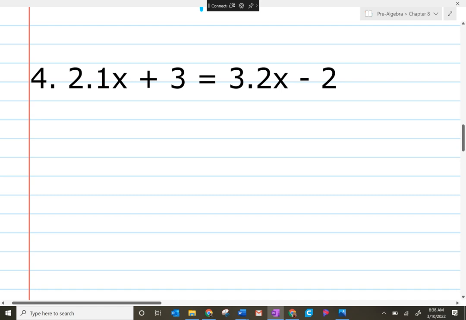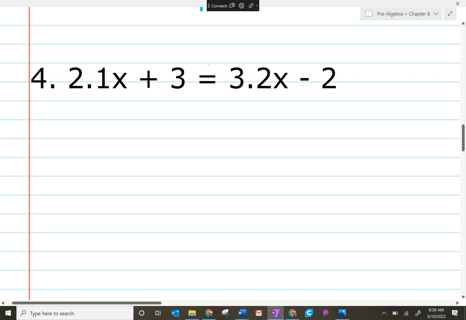It is not that scary. It's a little bit of what we did in lesson 8.4 and now 8.5. So we have variables on both sides. We have constants on both sides. The awesome news is it does not matter which ones I put on which side. So I can have my x's on the left, my constants on the right, or I can have my x's on the right, my constants on the left.